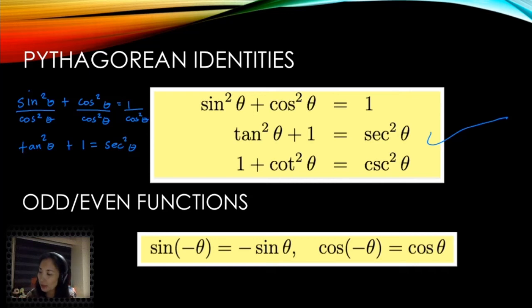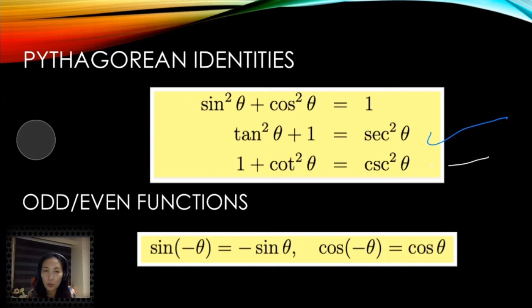In like manner, we can also derive the third from the first. So just like what we did in the previous, this time divide the whole equation by sine squared.